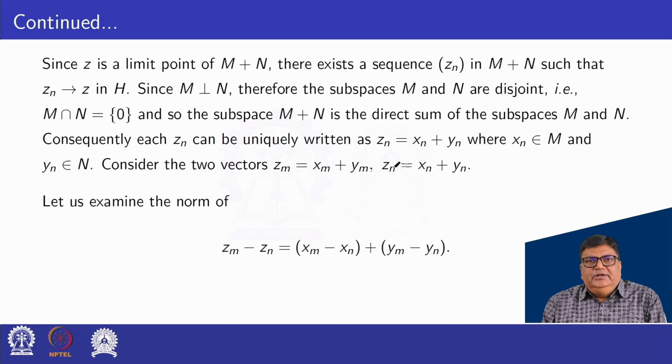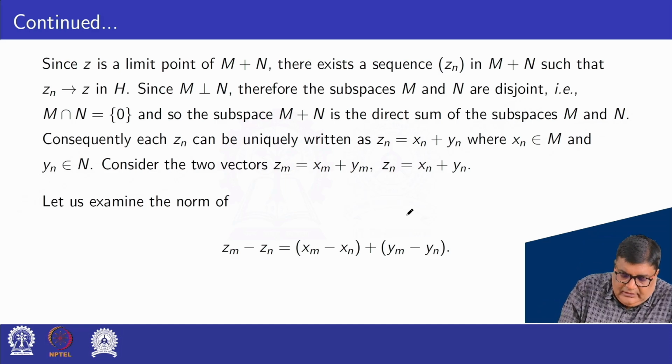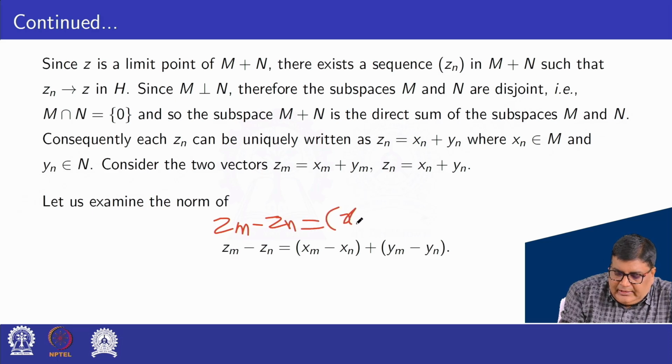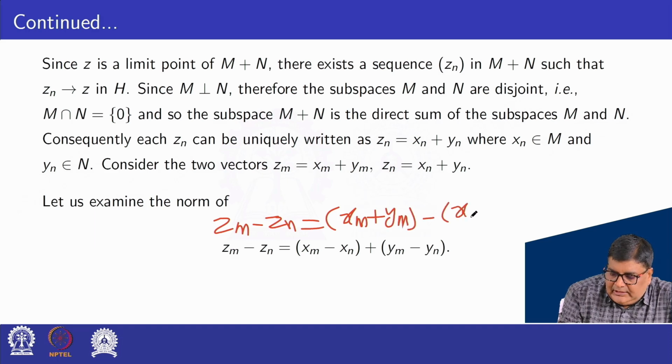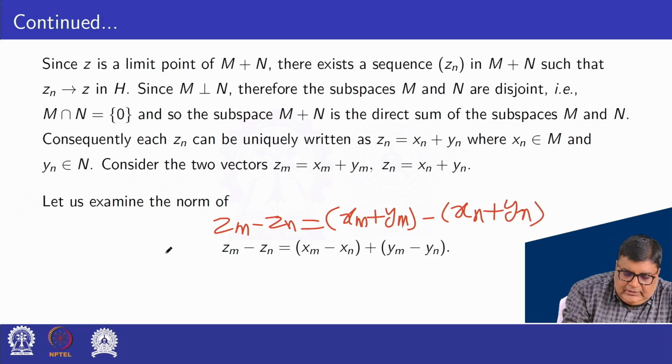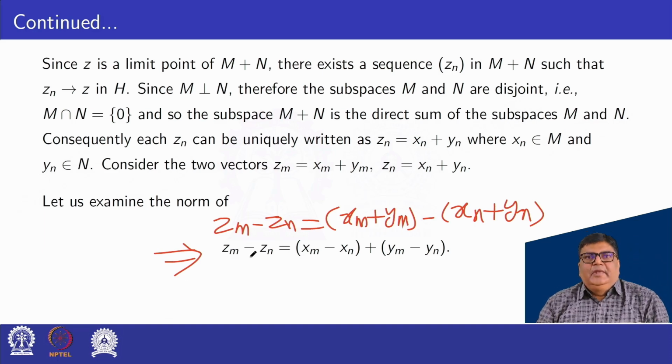Zm minus Zn is equal to Xm plus Ym minus Xn plus Yn. This implies that Zm minus Zn is equal to Xm minus Xn plus Ym minus Yn.